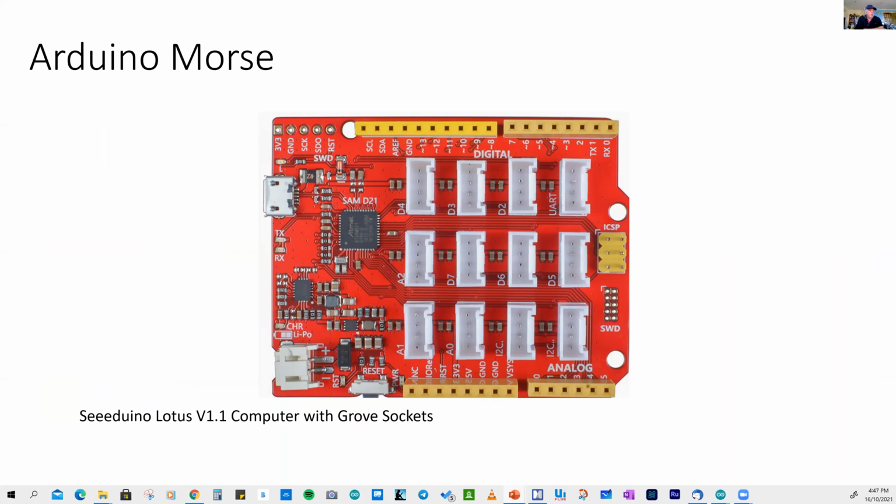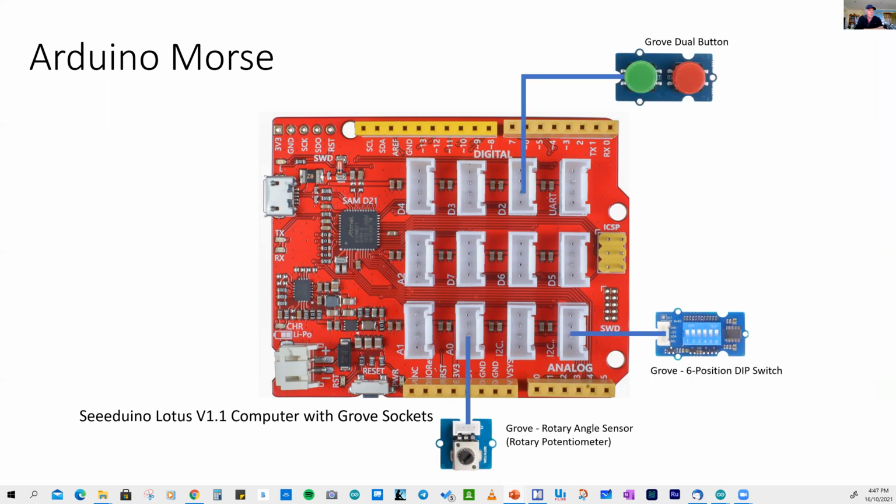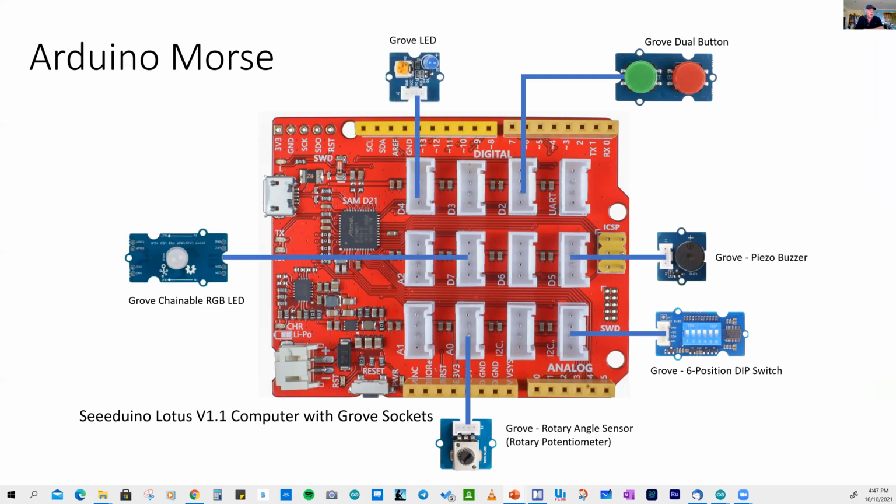So how is all that put together? Well, the Lotus computer combines the capability of an Arduino computer with 12 Grove sockets to connect to the Grove devices. So for the sensors or the inputs, they connect to these ports, and I just add the actuators and it makes up the complete set.